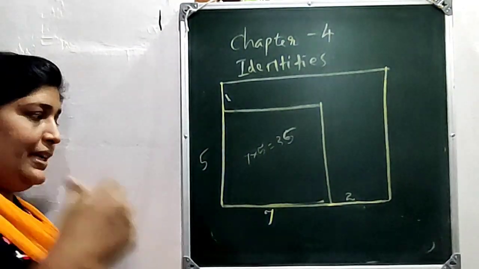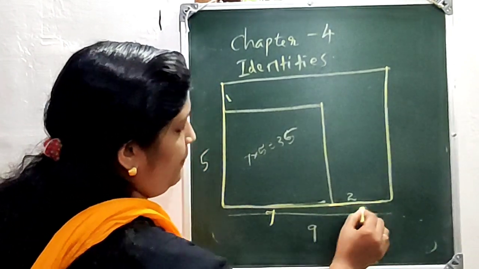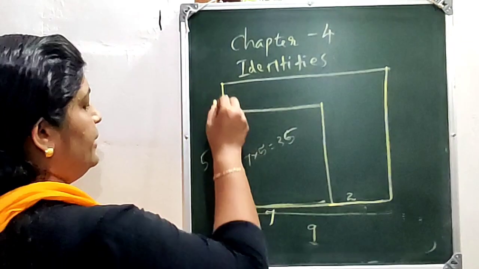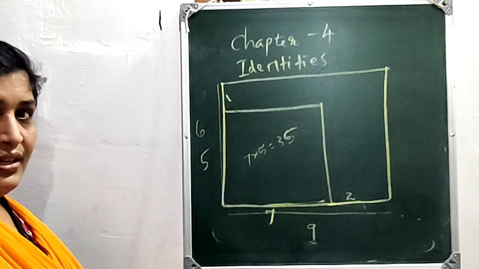What about its length? The total length is 7 plus 2, which is 9, and the breadth is 5 plus 1, which is 6.